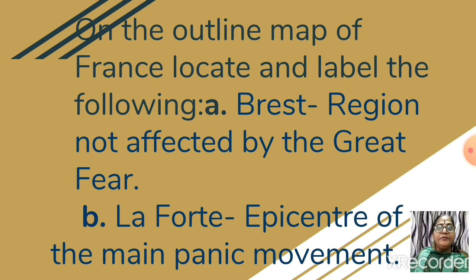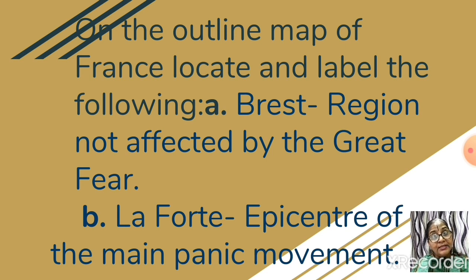So, let's see the questions. What is given over here? Question number 1 is, on the outline map of France, locate and label the following. A is Brest, region not affected by the Great Fear.